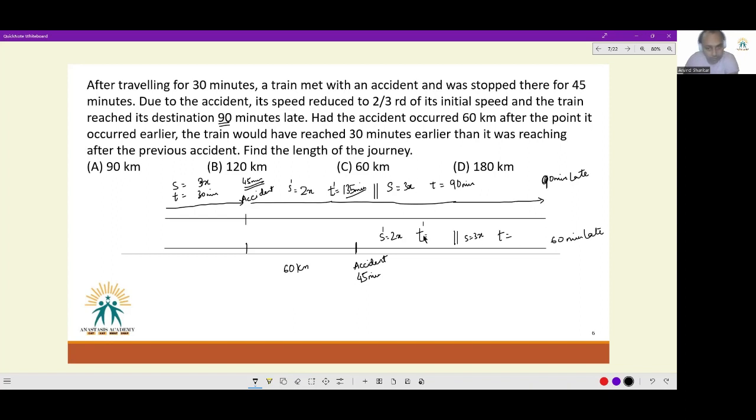The extra time would be 15 minutes, 3 units or 15 minutes extra. So 45 minutes and much 30 minutes.